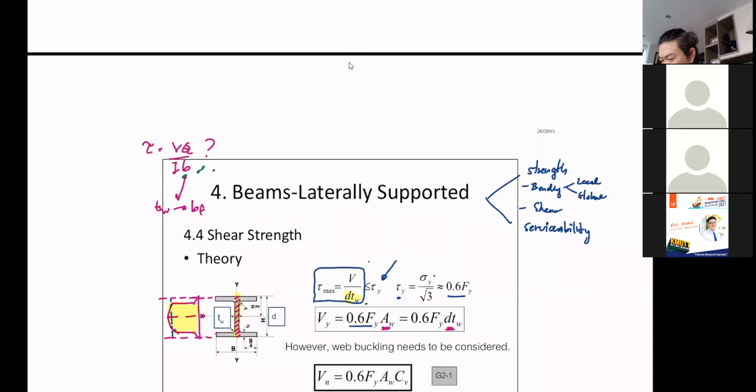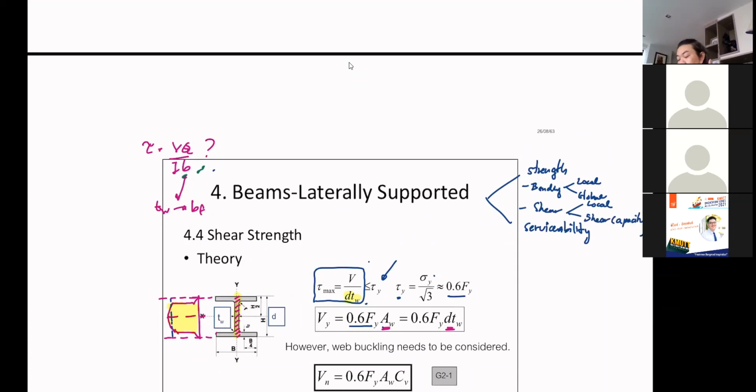The shear now will have the local issue to check, and then the, I don't know how to call it, say shear capacity.